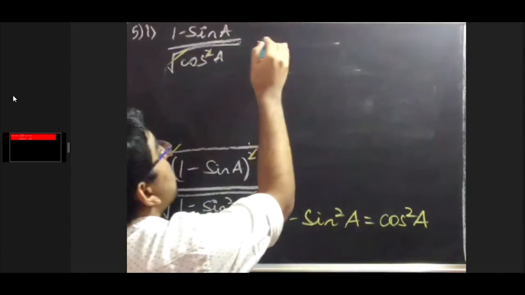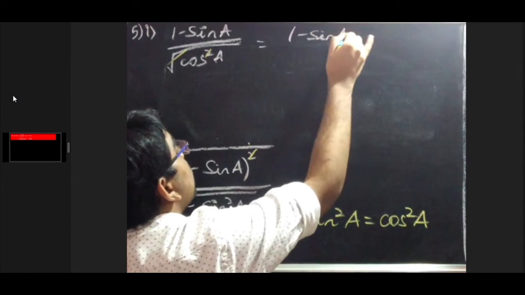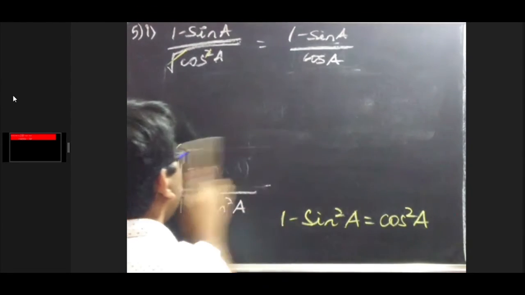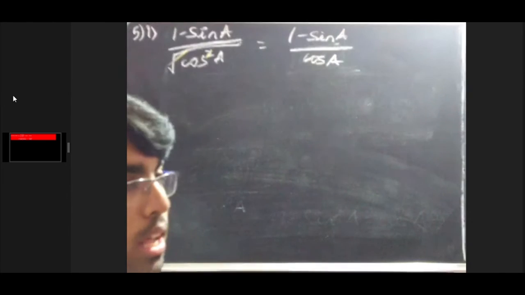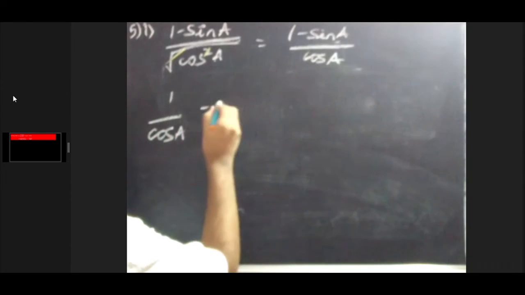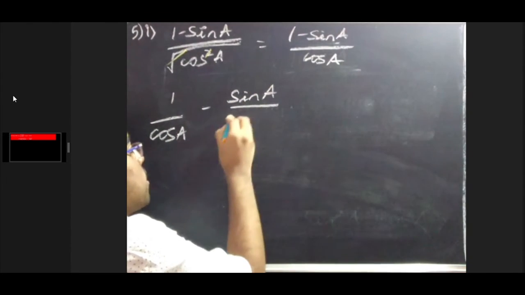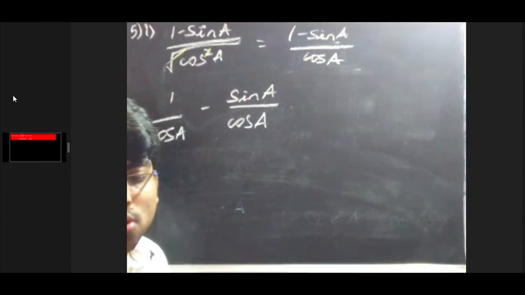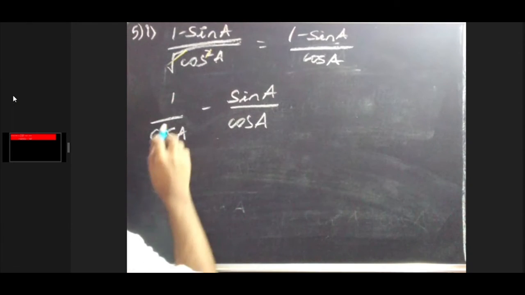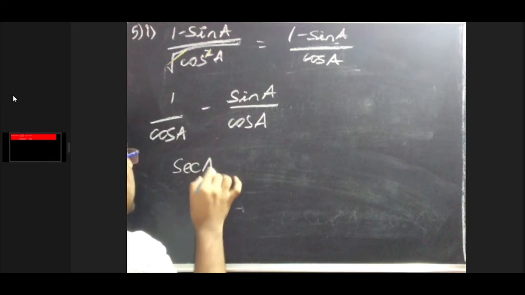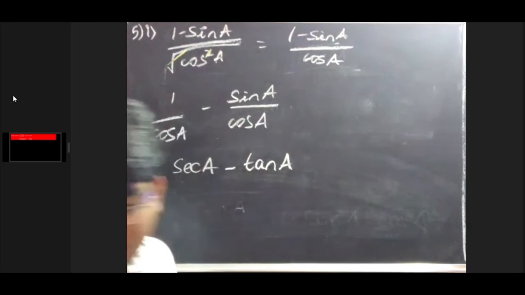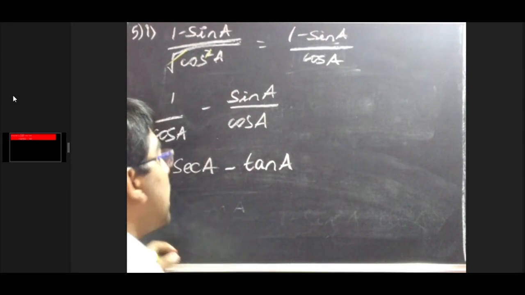So we will be left with 1 minus sine A divided by cos A. Splitting this, we get 1 by cos A minus sine A by cos A, which states that 1 by cos A is nothing but secant A, minus sin A by cos A is nothing but tan A, which is our required result at our RHS.